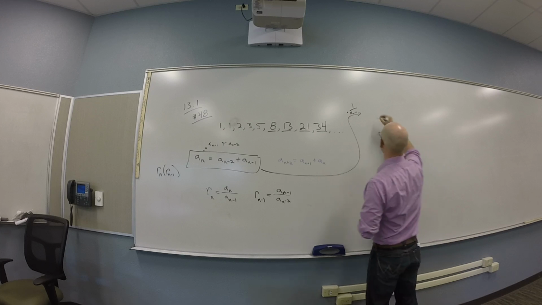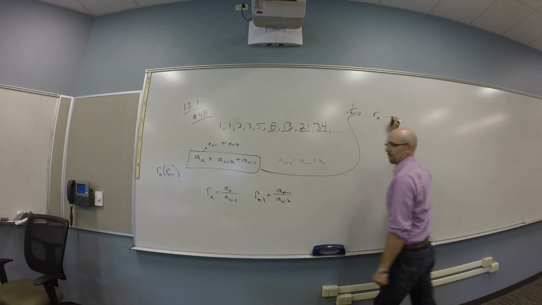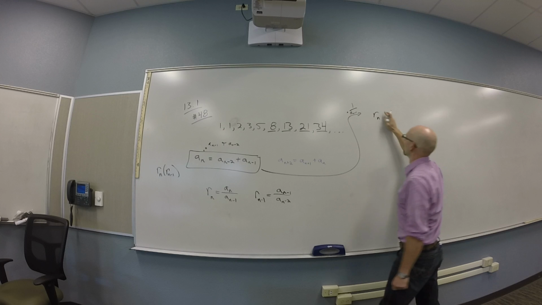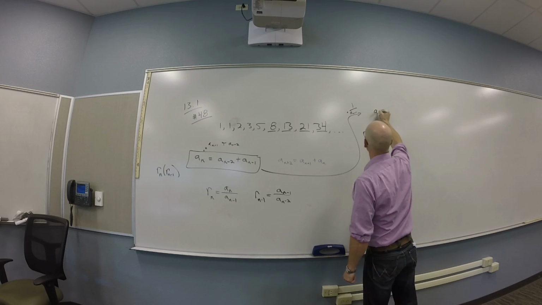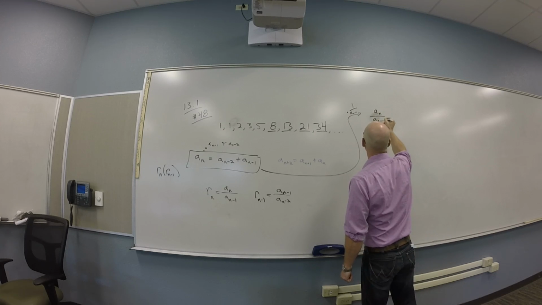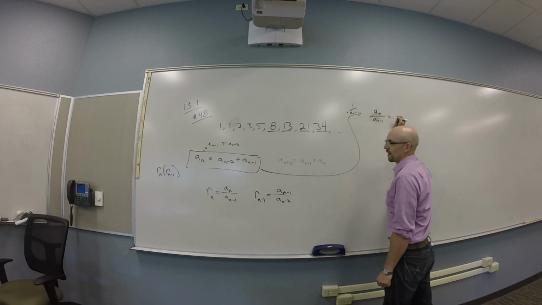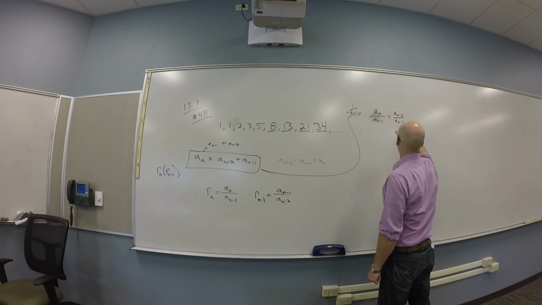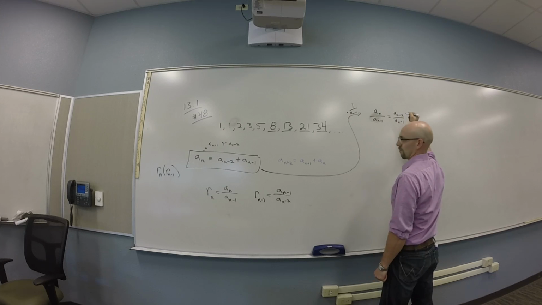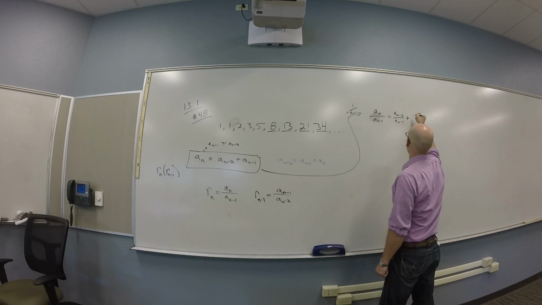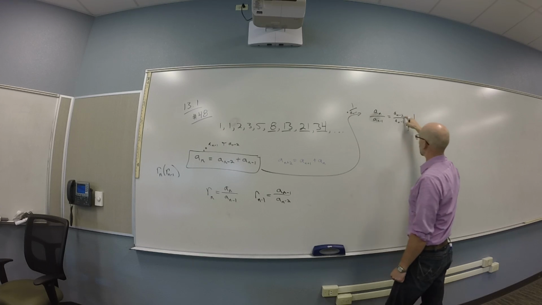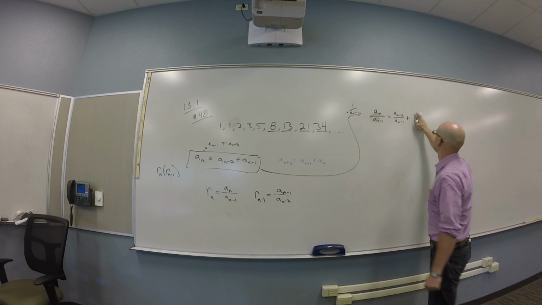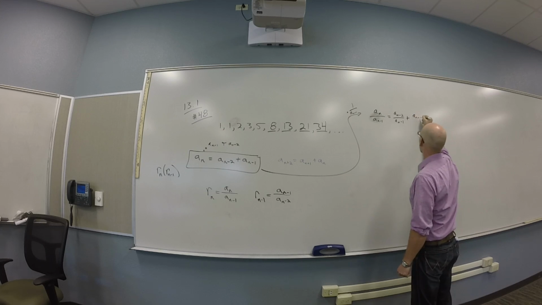So I'm going to get a_n over a_(n-1), and that's going to equal a_(n-2) over a_(n-1) plus 1. If you want to keep it explicit, it'd be a_(n-1) over a_(n-1).